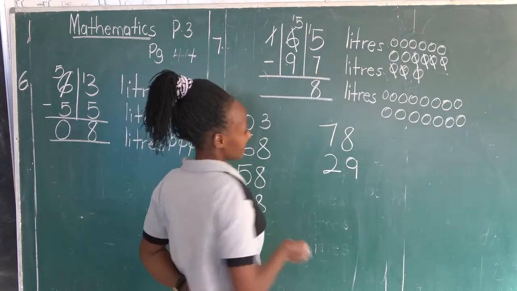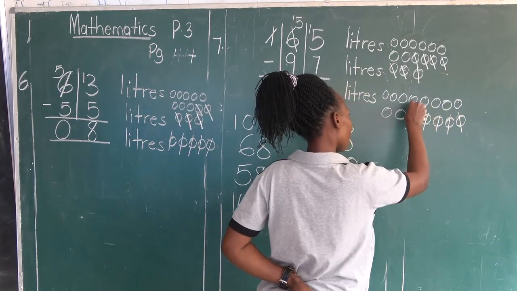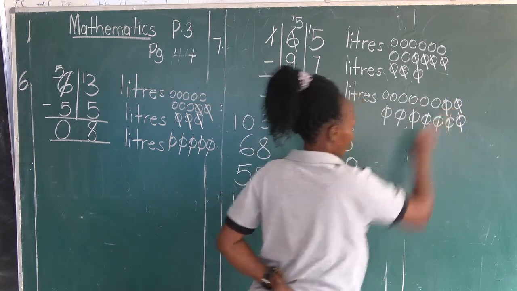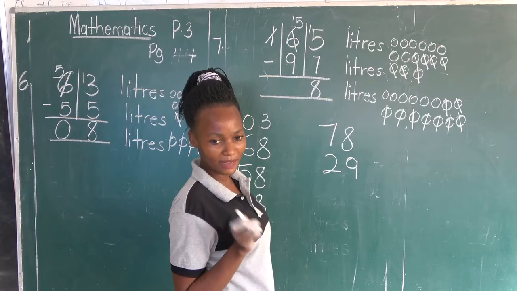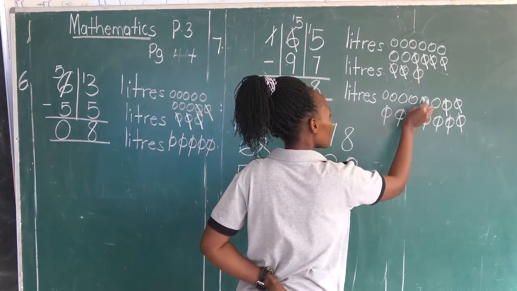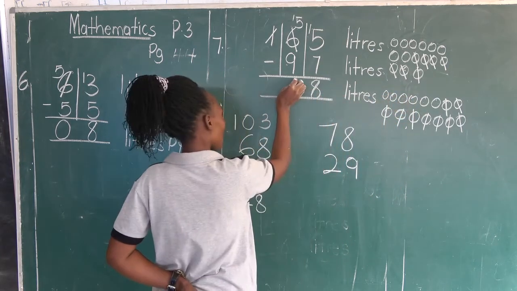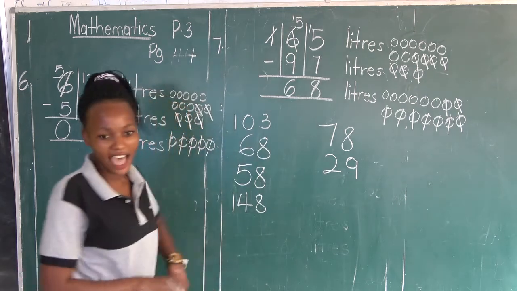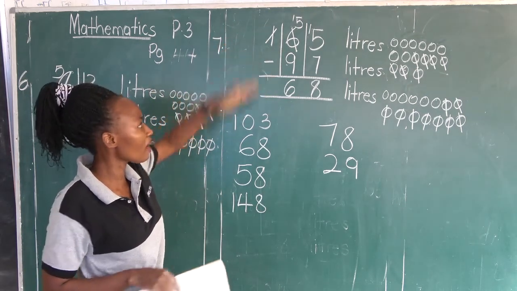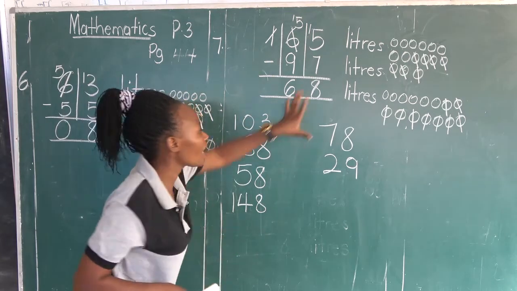Cross out 9. 1, 2, 3, 4, 5, 6, 7, 8, 9. Now I want to count the remainder. 1, 2, 3, 4, 5, 6. We write 6. Under hundreds, we have nothing. You can either put a 0 or you leave it. We have nothing there. Now, who got this?